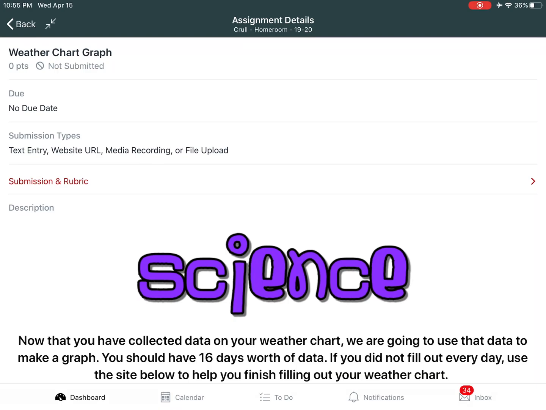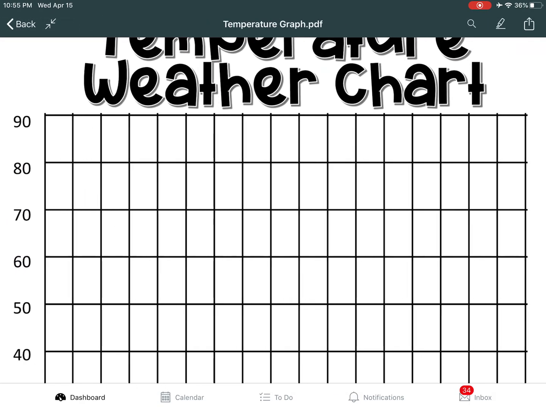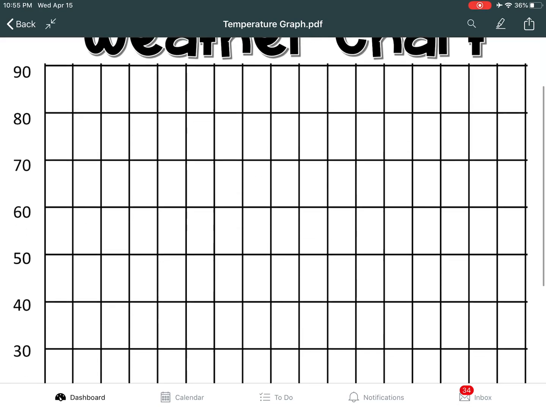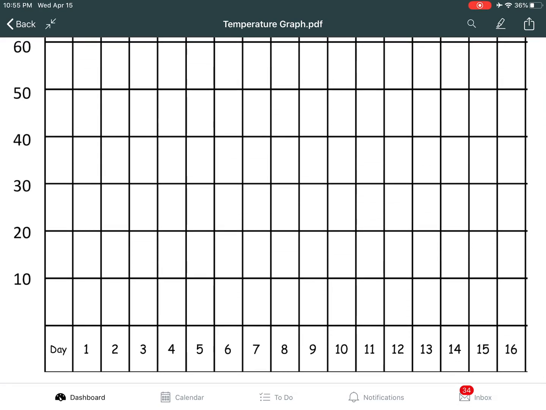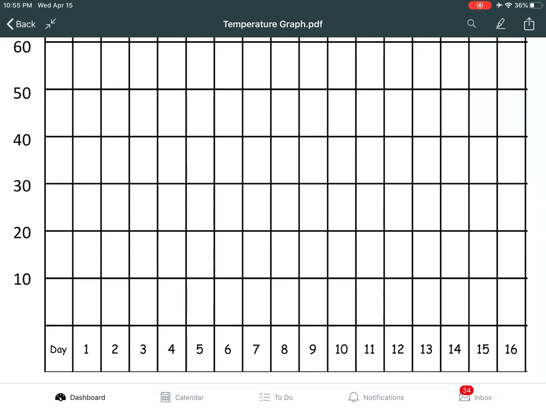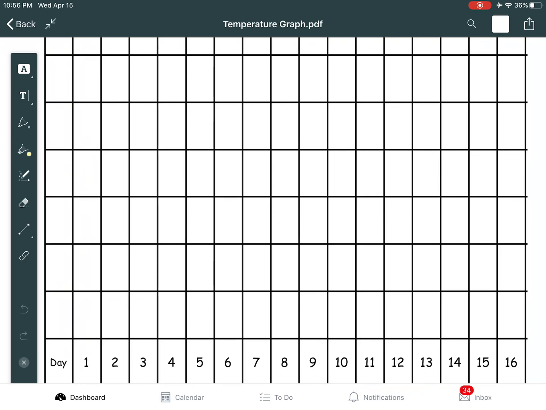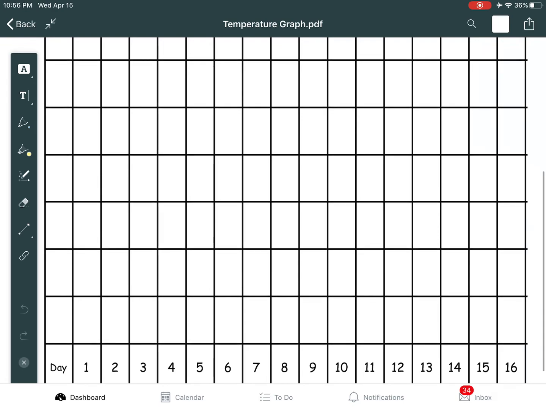You're going to use your weather chart that you made to do either a temperature graph right here, weather graph. So for each day, so day 1, meaning the 1st of April, 2nd, 3rd, 4th, 5th, 6th, 7th, and so on. So let's say that on day 1 it was 60 degrees. So here's day 1, and I believe it was right here.